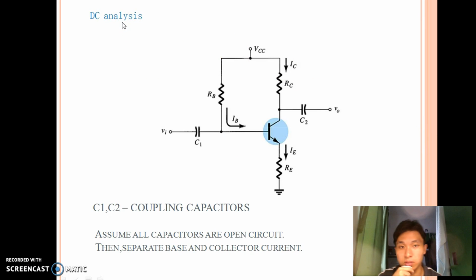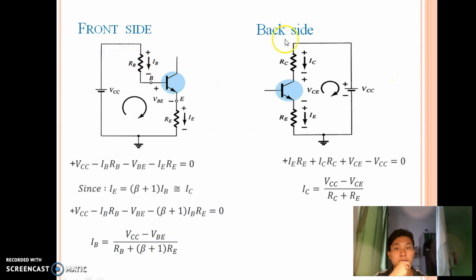Okay, first of all, the DC analysis. C1 and C2 are the coupling capacitors, and we assume all the capacitors inside the circuit are open circuits. Then we separate the VCC, which needs to connect to RB and RC, and divide the circuit into the front side and the back side. After we connect VCC to the front side and the back side, we use mesh analysis to analyze the circuit.